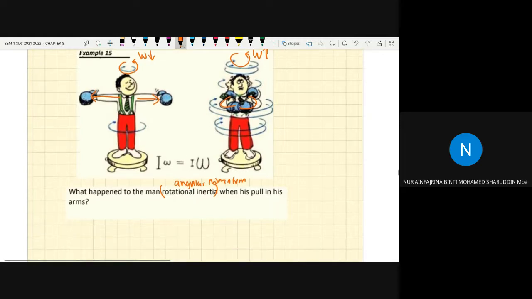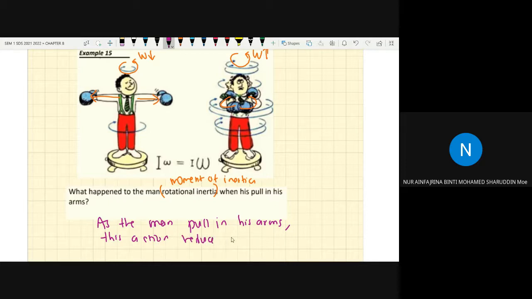Okay, what happened? Moment of inertia lah. I think rotational inertia ni is moment of inertia. Okay, so you boleh cakap macam ni, dia adalah ayat: So as the man pulls in his arms, this action reduces his moment of inertia.